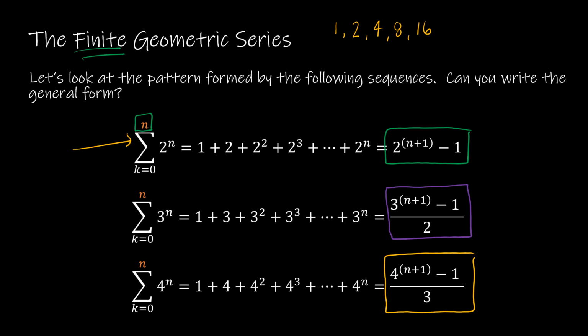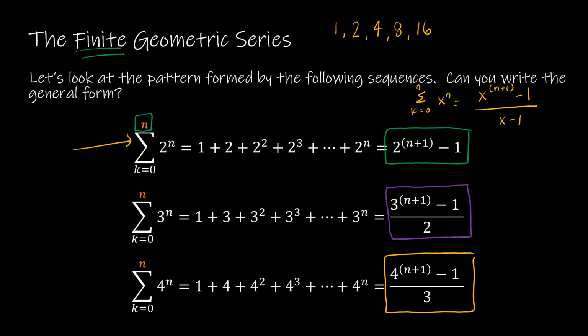And it appears that I can write the summation as k goes from 0 to n of x to the k as x to the n plus 1 minus 1, and then I'm going to divide it by x minus 1.